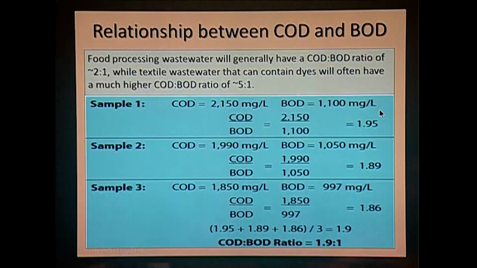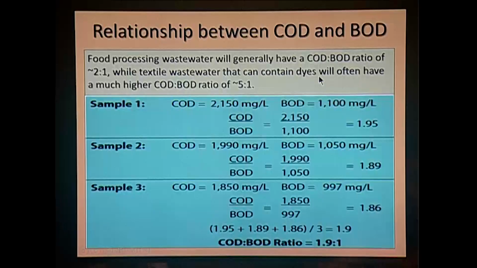And if we go on to the ratio, we find that it is about 1.95. This water sample has been titrated thrice, and if we take the average of all 3 samples, we find that it is about 1.9. This water sample is coming out from a food processing industry and the ratio therefore comes out to be 2:1 or 1.9:1. Now this COD is always higher than the BOD.